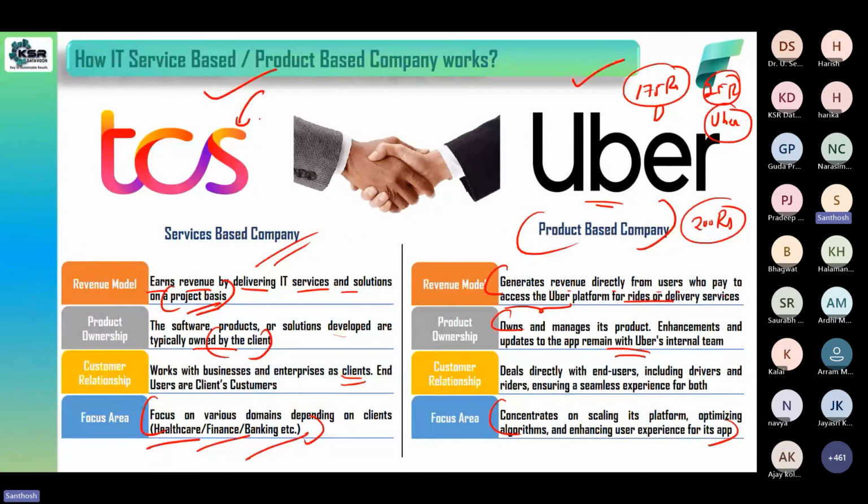They deal with the actual clients like Ola, Uber, Canara Bank, maybe telecommunication companies like Jio and Airtel. But these product companies deal with the end users. That is the difference between a service-based company and a product-based company, right?